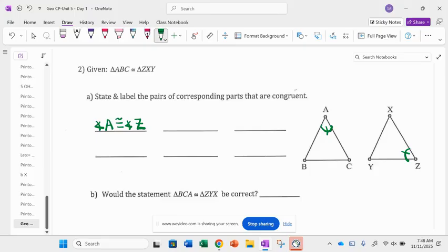X, you got it. So angle B is congruent to angle X. And then C is congruent to Y.